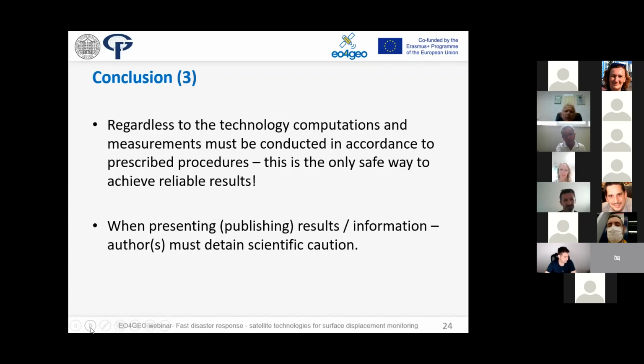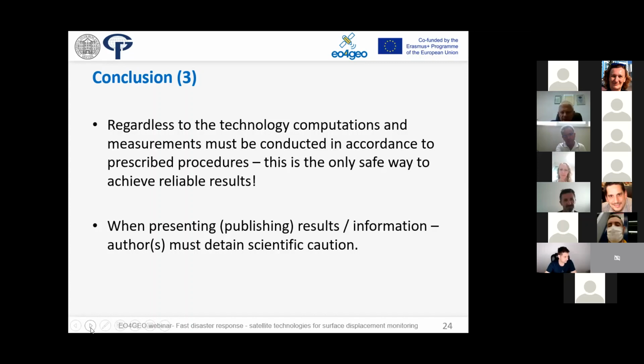So with these 3 pages of conclusions, I would like to finish here. What we are further working on, just for your information, is a combination of different technologies.